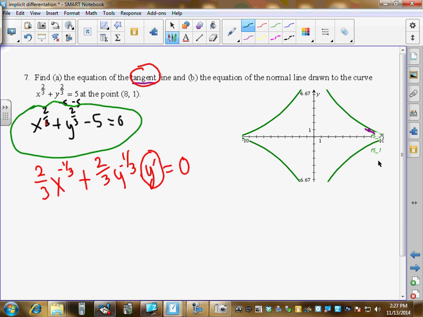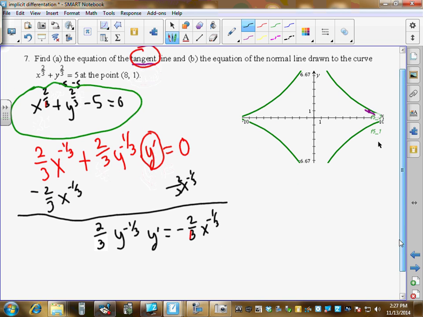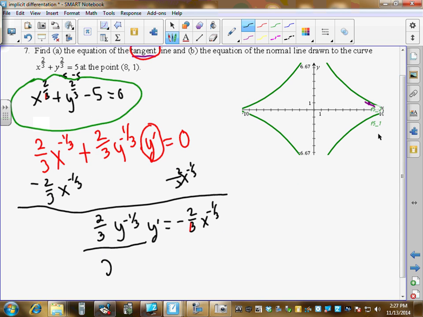So let's go ahead and move this to the other side. This is 2/3 y^(-1/3) y' equal to negative 2/3 x^(-1/3). Divide both sides by 2/3 y^(-1/3).